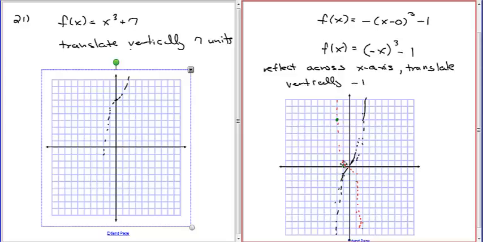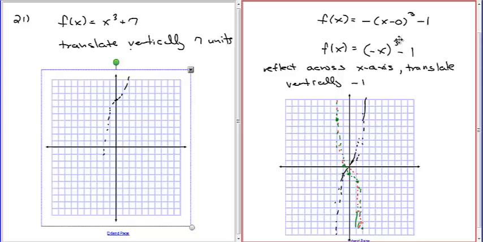So there's your 5 points. You're going to cross the x-axis here, the y-axis there, and then you're going to do this. So that's the translated version. So it goes through there, and then comes down like that.